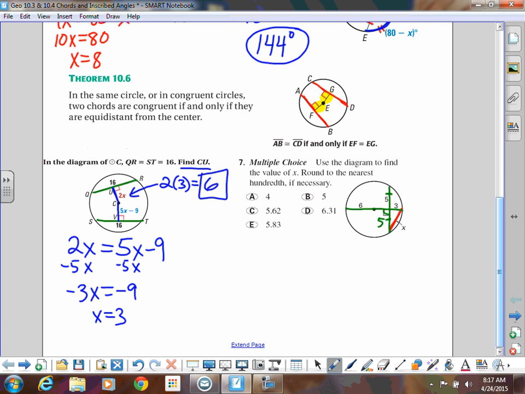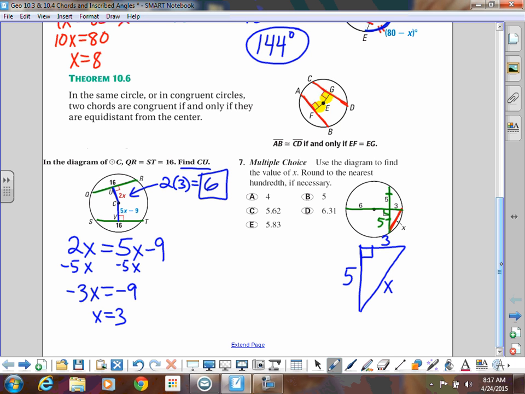So that means this side is also 5. So I'm going to draw this out bigger so we can see that. This side is the 3 that they have marked. The left side is the 5 that we just said was congruent to the other 5. And then this hypotenuse is the x that they want us to find.